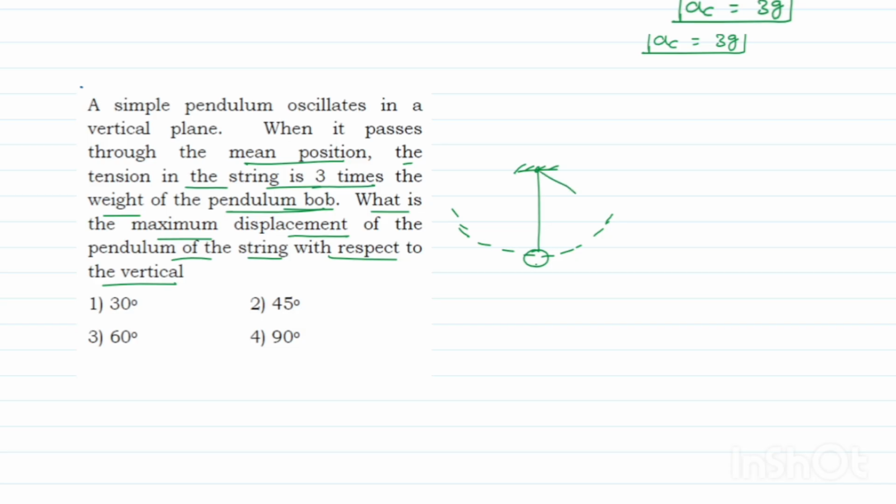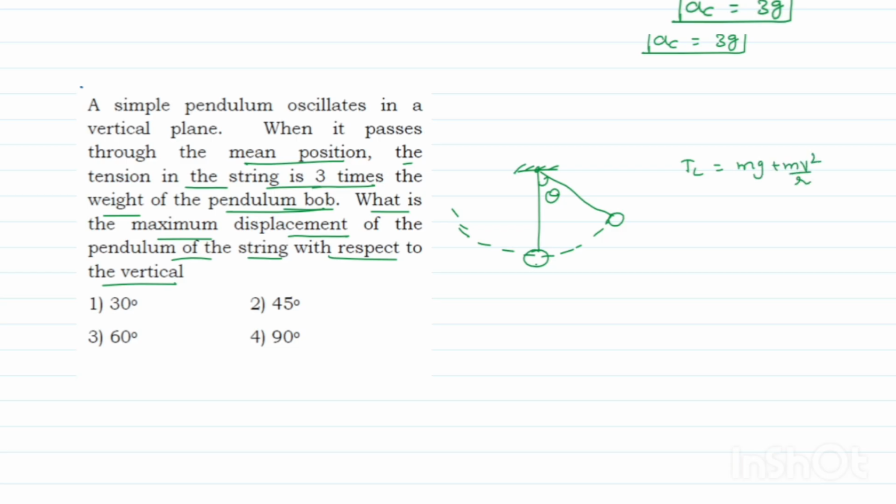So let us take this as the maximum displacement of the simple pendulum, which makes an angle theta with the vertical. Now the tension at the mean position, or the lowest point in the string, will be mg plus mv square by r.